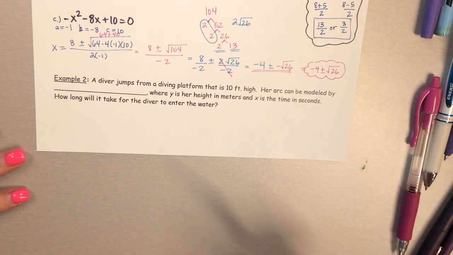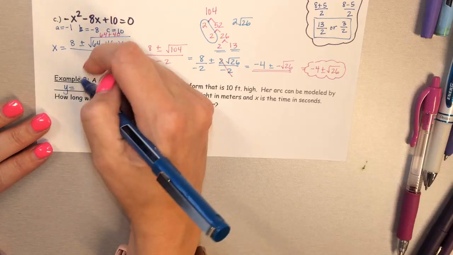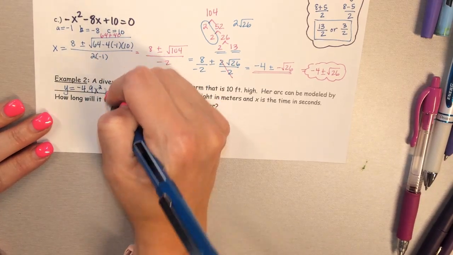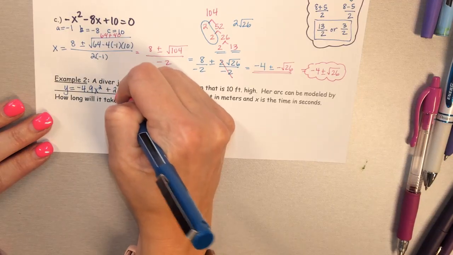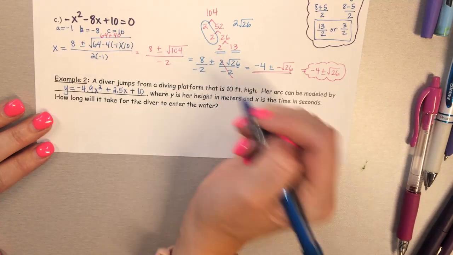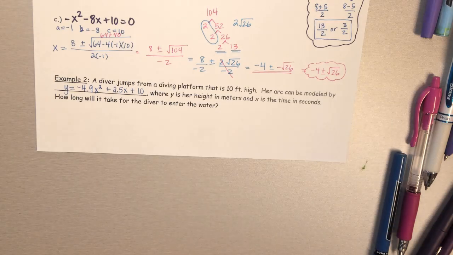Her arc can be modeled by, we're going to use the equation y equals negative 4.9 x squared plus 2.5x plus 10, where y is her height in meters and x is the time in seconds.